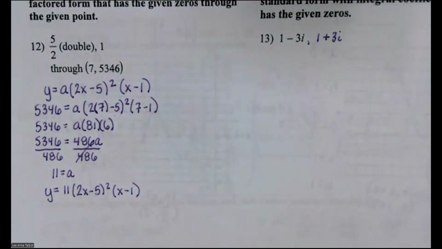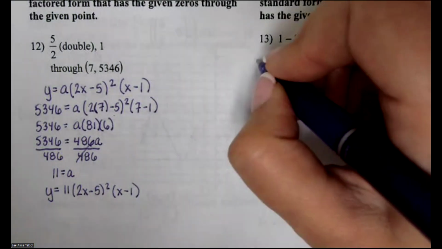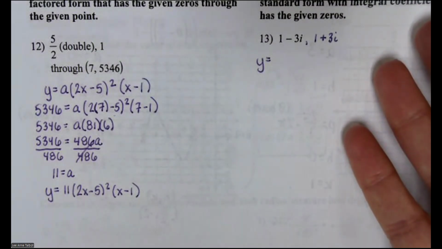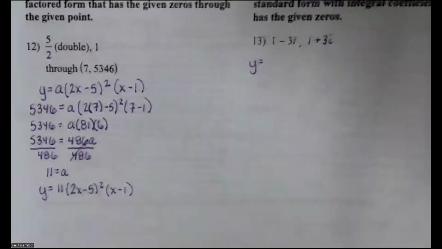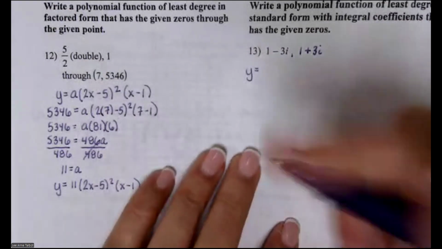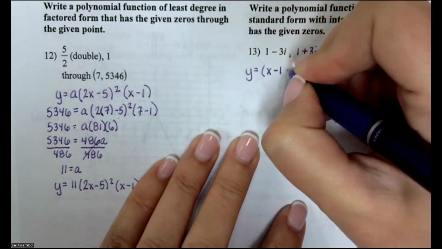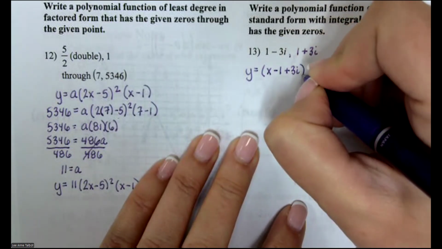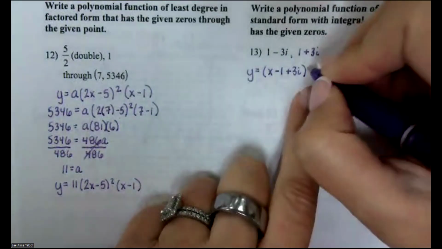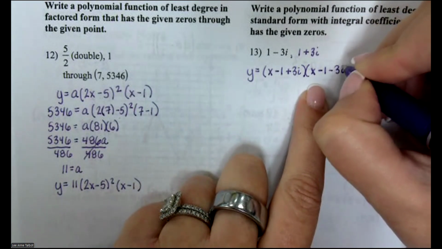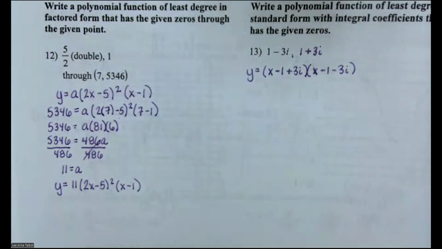His buddy. Okay, so y equals, and this one does not have a point, so we don't need to solve for a, which is great. But we need to remember to switch the sign. So x, switch the sign, switch the sign, x, switch the sign, switch the sign.